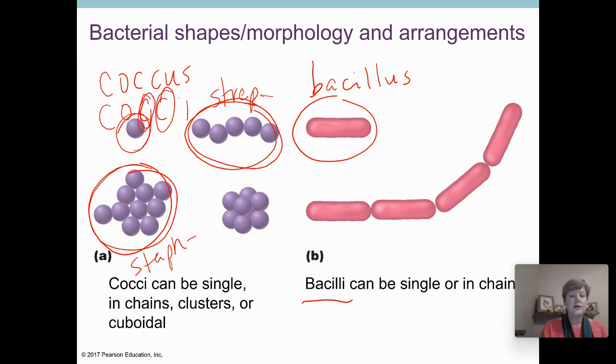So there are also genus names that have these terms in them, but then you would see a capital letter indicating that's a genus name. So if it's a lowercase letter, it's just giving you the general shape and arrangement of the bacterium. If you see a capital letter, it would mean that that's the genus name of the species.